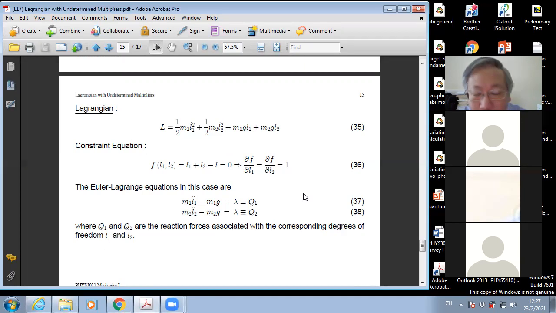What are these generalized constraint forces? Can anyone tell me? The tension, right? The tension of the string.